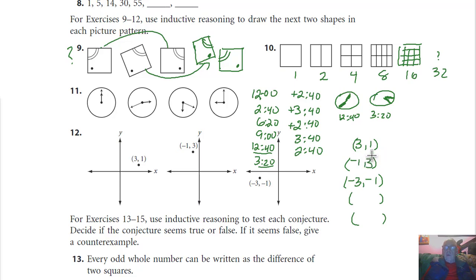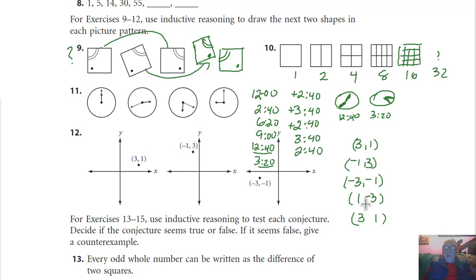So this one turns negative, -3, this one slides over. This one's going to turn negative, it's negative, so add a negative to it, it makes it positive. This one slides over. This one turns negative and goes over, make it +3, and this one slides over.